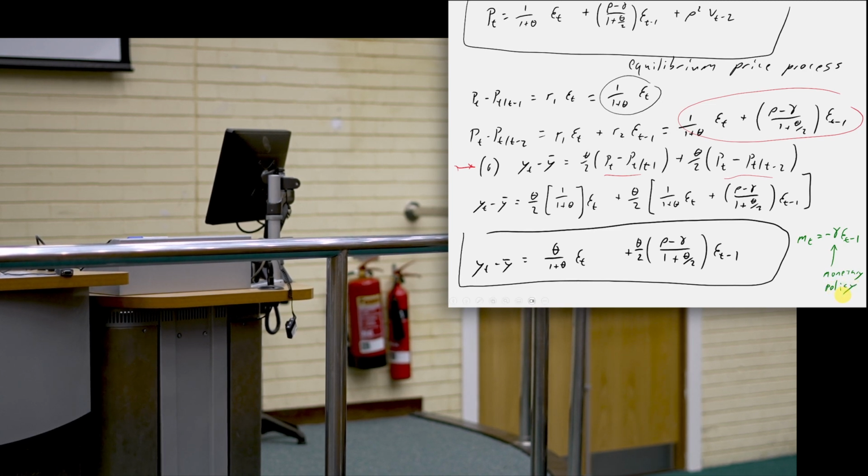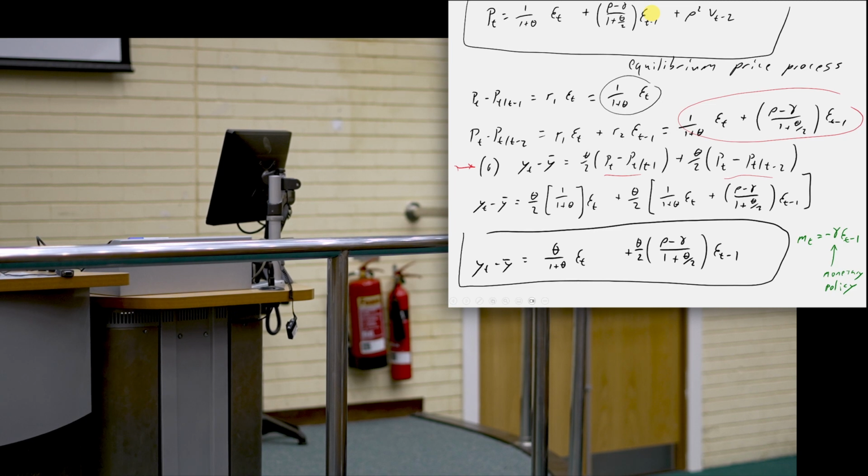If yesterday's shock was really large, let's suppose gamma is a positive thing. It can be positive or negative. If yesterday's shock was very large, meaning that prices would naturally go up, what we're going to do is reduce the money supply with the negative gamma. We can have gamma be whatever we want, but that's our policy choice.